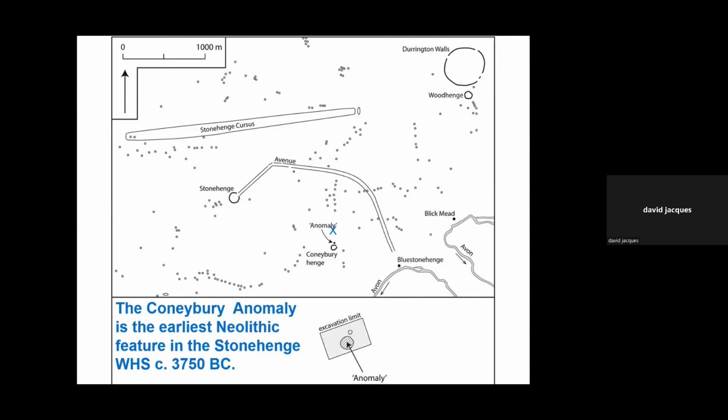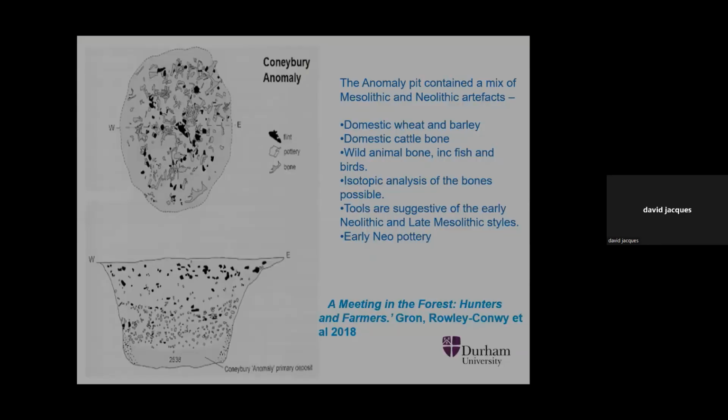It's an interesting position. If you looked eastwards, you'd see Blick Mead. If you look westwards from the anomaly, you'd see the future site of Stonehenge. It dates to 3,750 BC, and it's been seen as the earliest Neolithic place in the Stonehenge landscape.